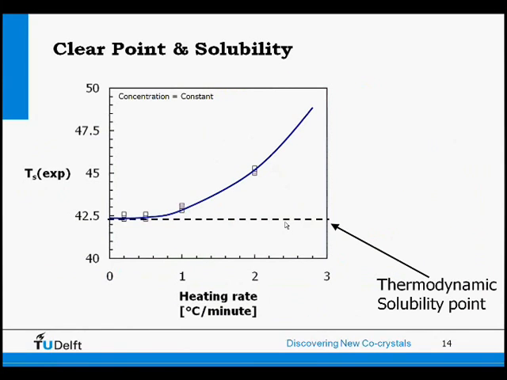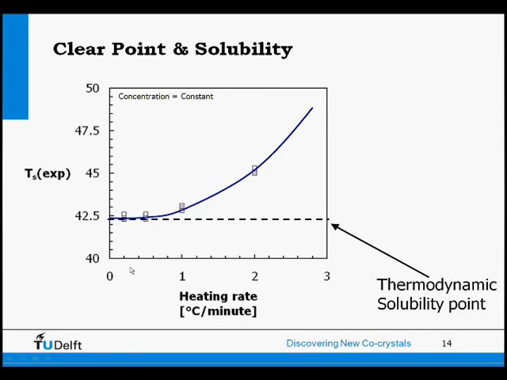So we investigated how the heating rate influences the saturation temperature. So one specific composition, and we measured the saturation temperature multiple times with a specific heating rate. And you see that the lower the heating rate, the lower the saturation temperature.